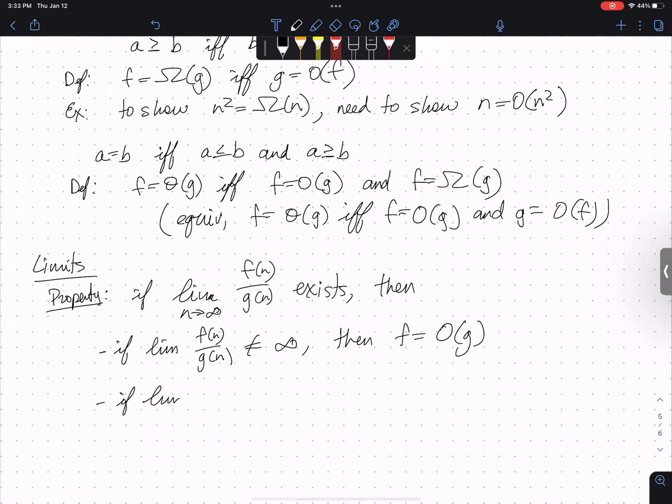And if this limit is strictly positive, then f is theta of g.